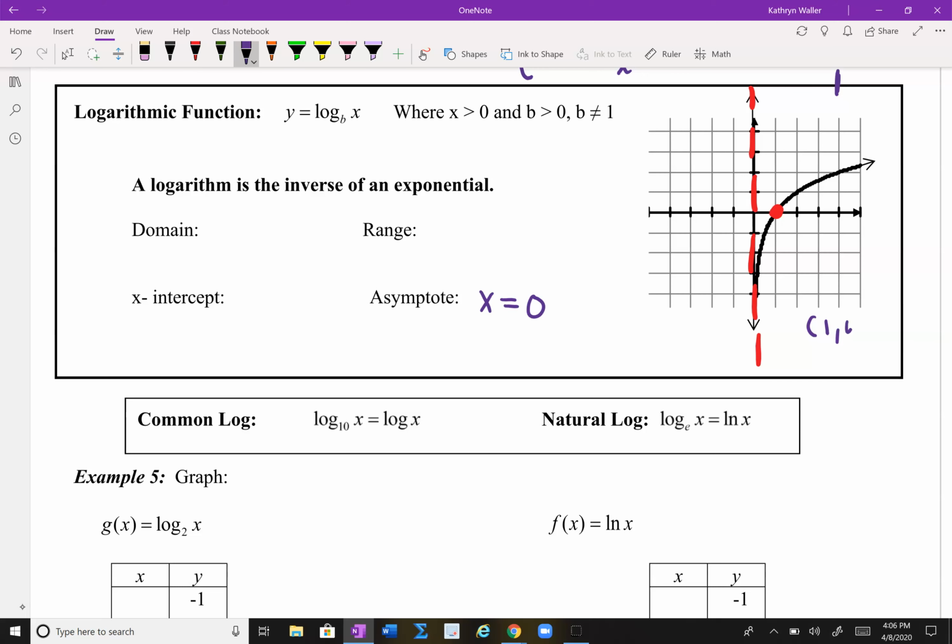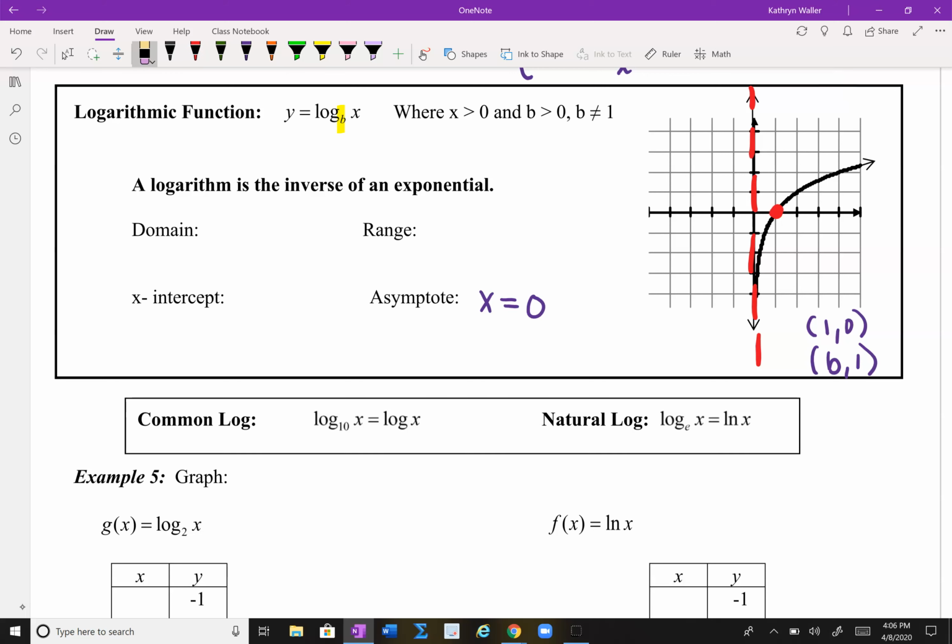So that ordered pair is 1, 0. And then the other point it hits is b, 1. And b, if you look at the equation, it's just whatever your base is, okay? So if you look at this equation, if you go from the origin, how far did I go right before I went up 1? That was 2 units.